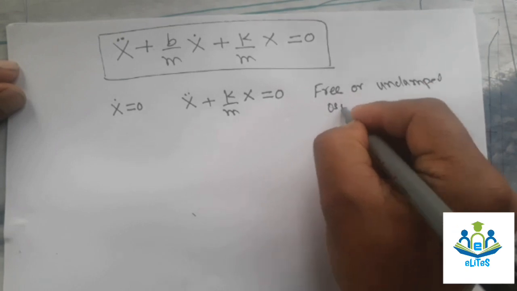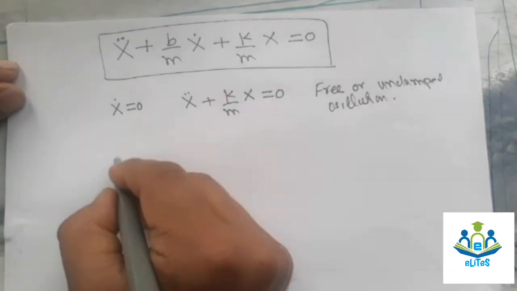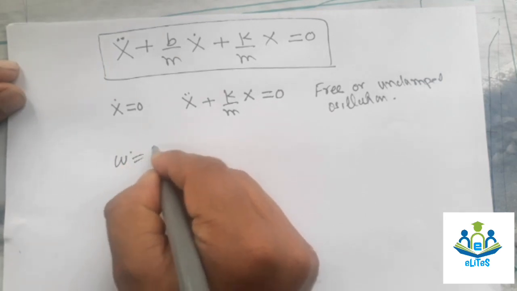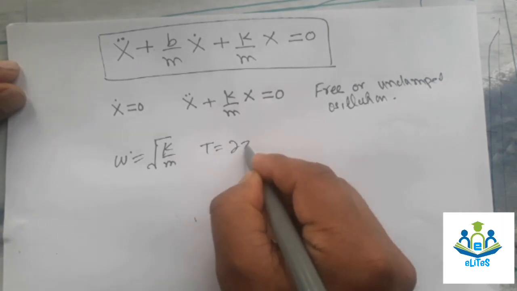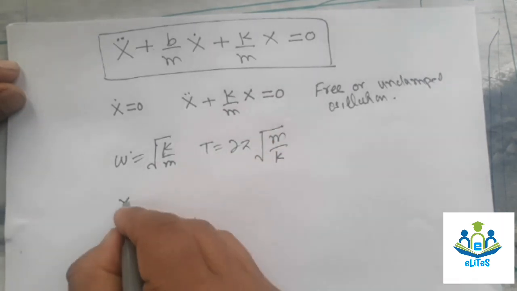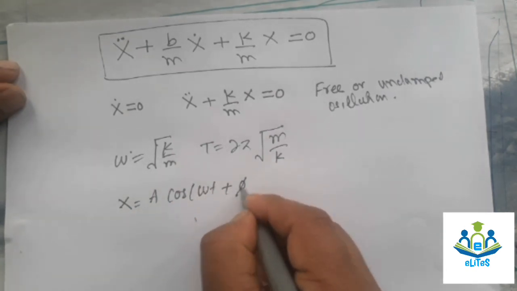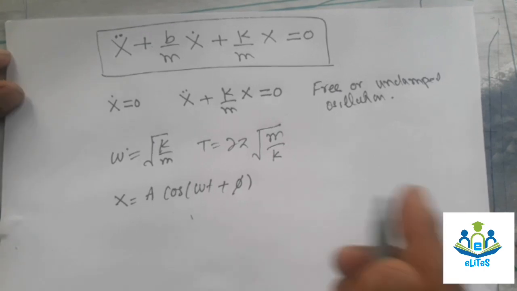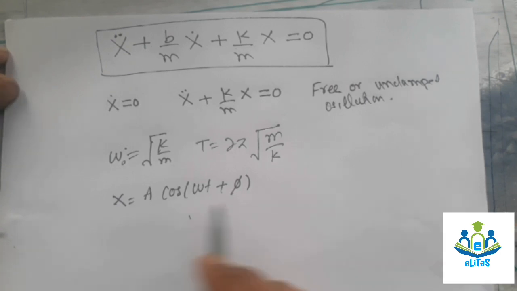Here omega is under root k over m, the time period is 2 pi under root of m over k, and the solution is x equals A cos of (omega t plus phi). This omega is omega 0, known as the natural frequency. This is the solution of the free oscillation.